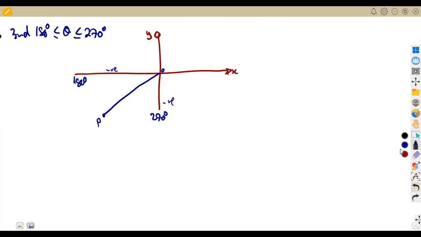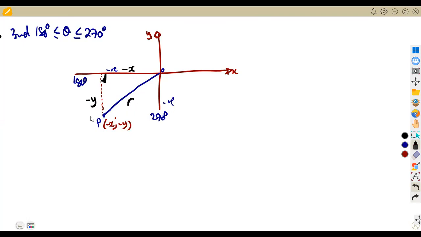So how do you complete your triangle? Your triangle is going to be taken like this. You are going to have the point P with a negative value for X and a negative value for Y, meaning X is on the negative side, Y is on the negative side. And this is going to be your R, which is your hypotenuse.